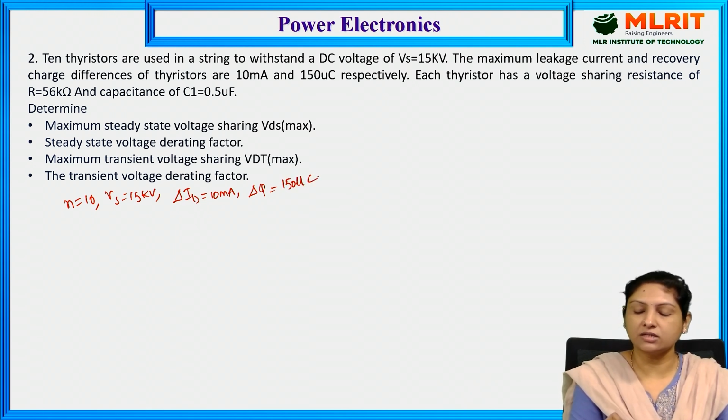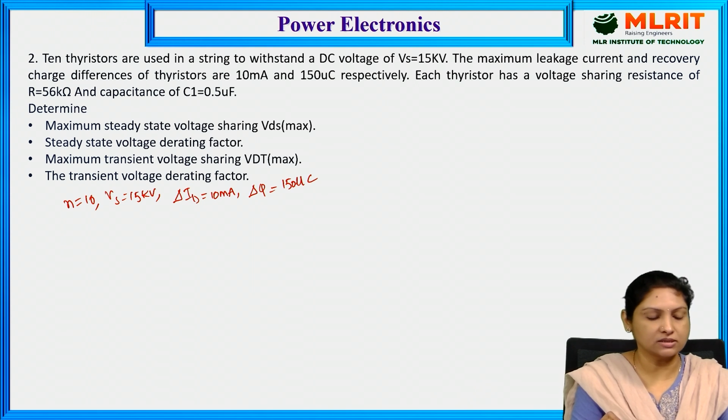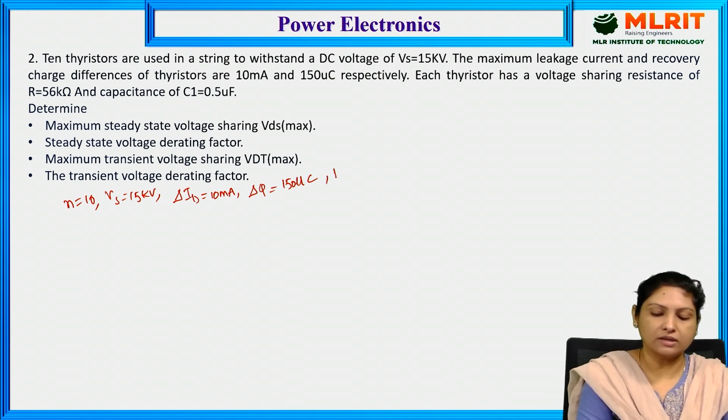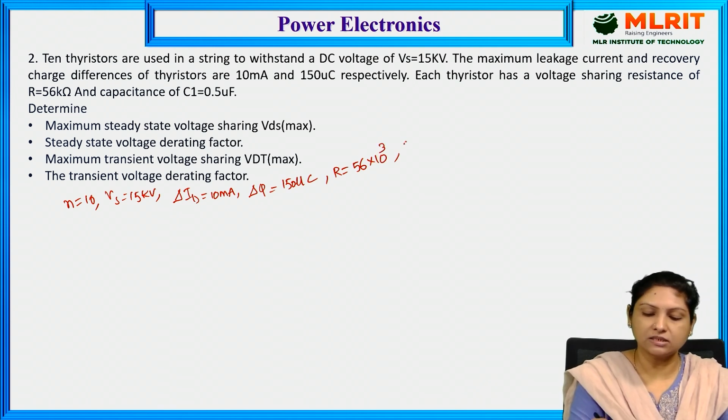Each thyristor has a voltage sharing resistance R equal to 56 kilo ohms, that is 56 into 10 to the power of 3 ohms, and capacitance C1 is equal to 0.5 microfarad.